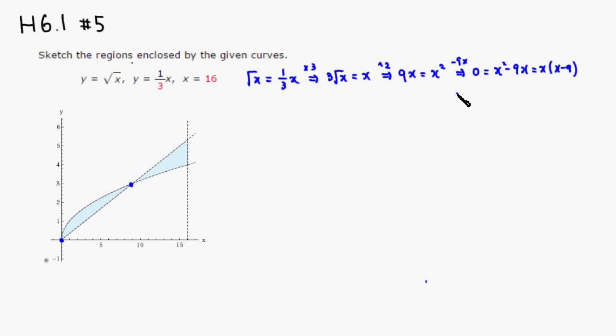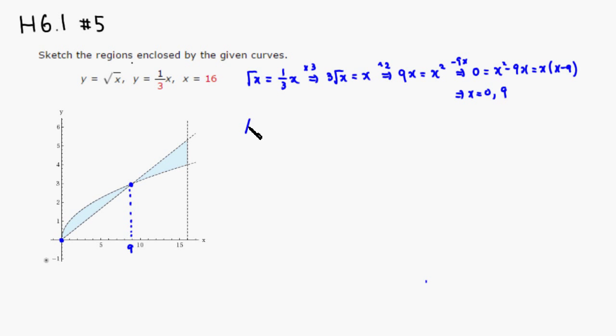So x equals 0, which we already knew, and x equals 9. So we know this is going to be at 9. Let's set up the integral.